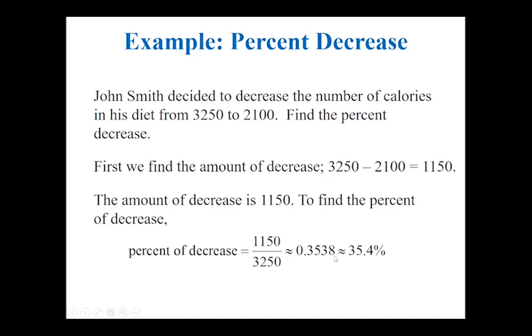We need 4 because we need to look at this value 8 to determine that the 3 rounds up to a 4. And we get 35.4%. If it had asked for the nearest 100th of a percent, we would need 1 more digit on the decimal to look at to get us to 2 past the decimal point in the percent.